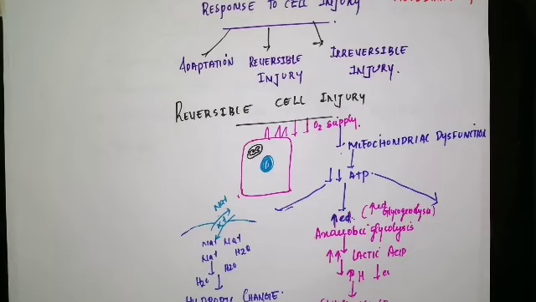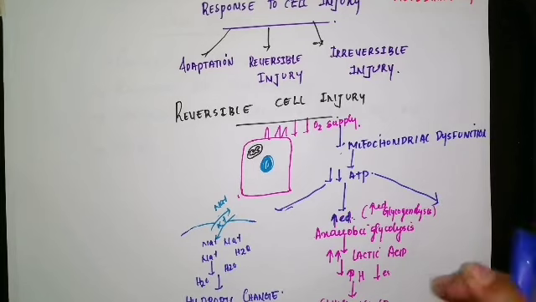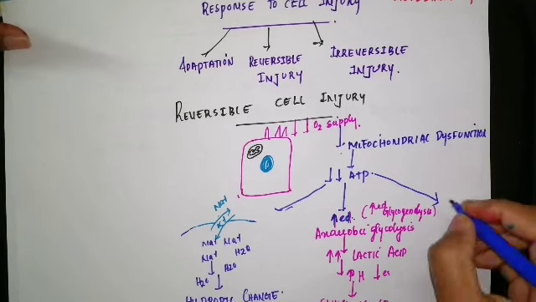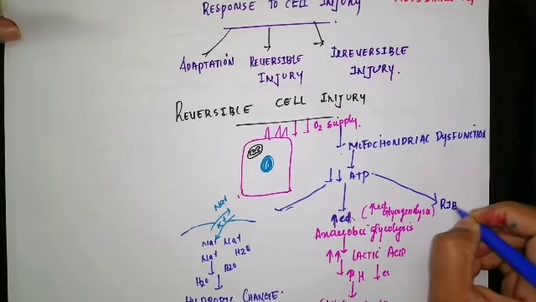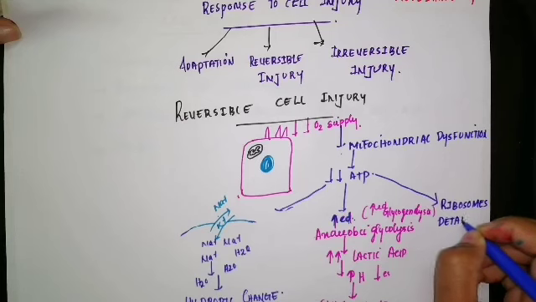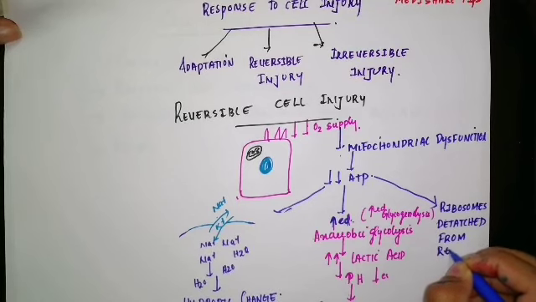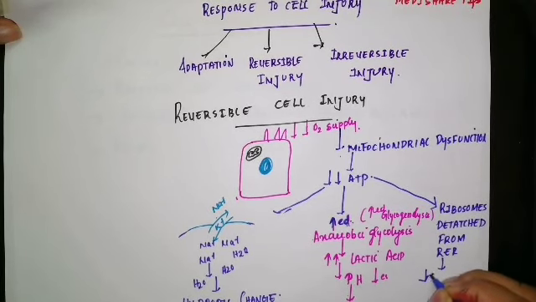Another change which occurs here is because of the decreased synthesis of ATP and increased hydropic change inside the cell, the ribosomes will get detached from the rough endoplasmic reticulum, and this leads to decreased protein synthesis also.